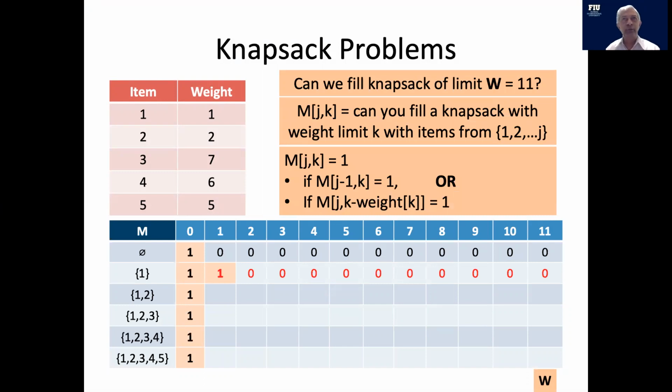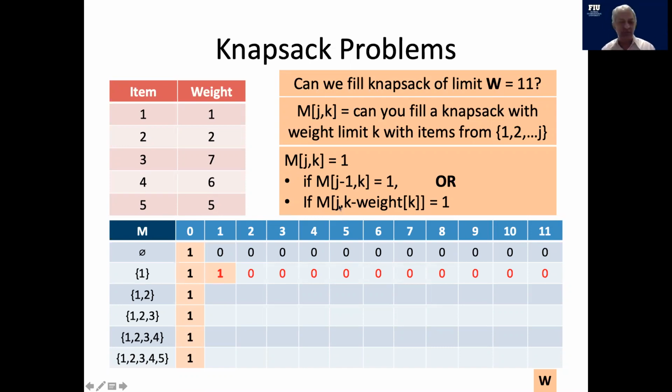All right, so here's what it says. In order to make this a 1, either the same column, previous row should be a 1, or I can now choose the jth item, but there should be some other item, or I should be able to make j comma k minus weight of j to be equal to 1, which means without adding the jth item, I'm able to achieve 1 in the subset.